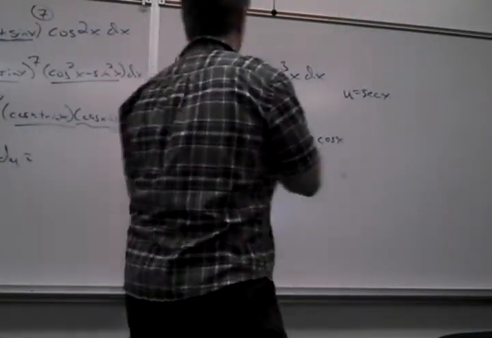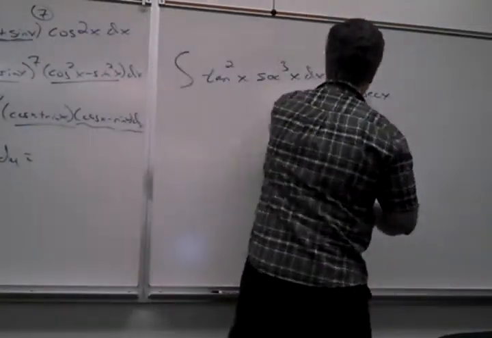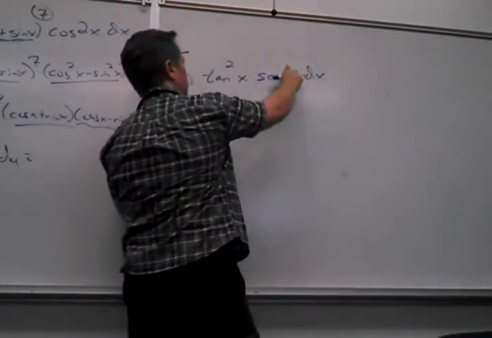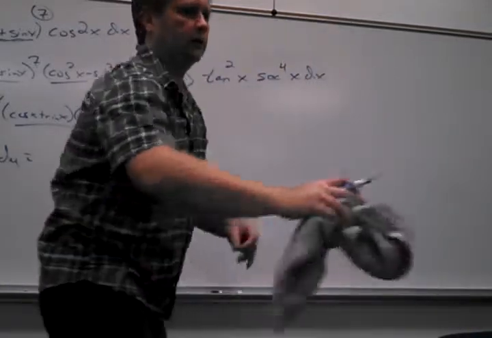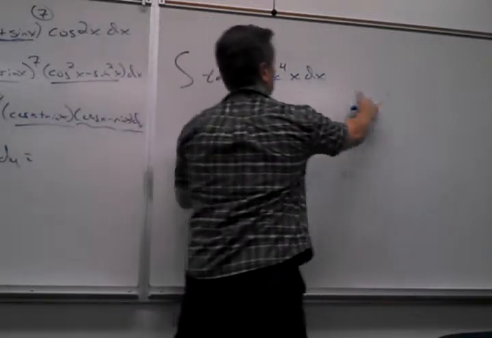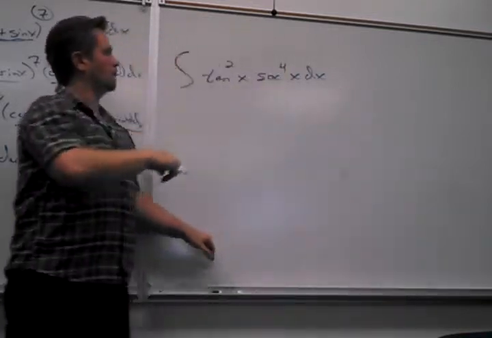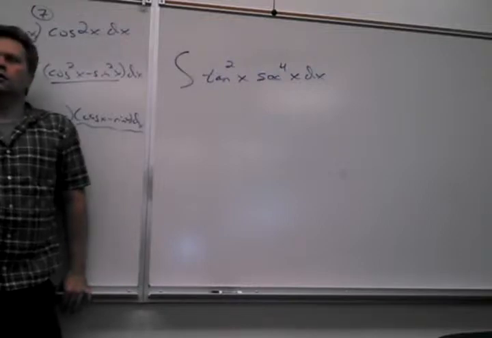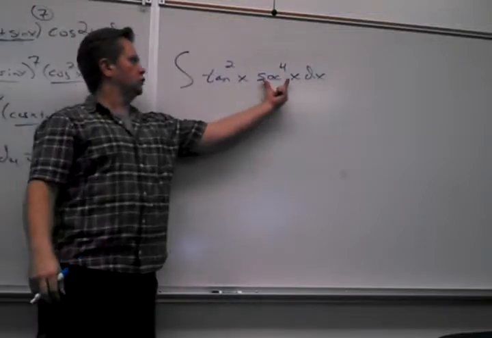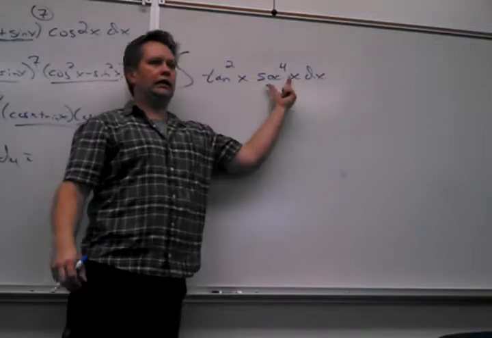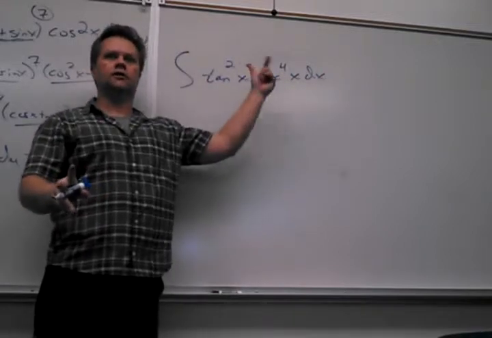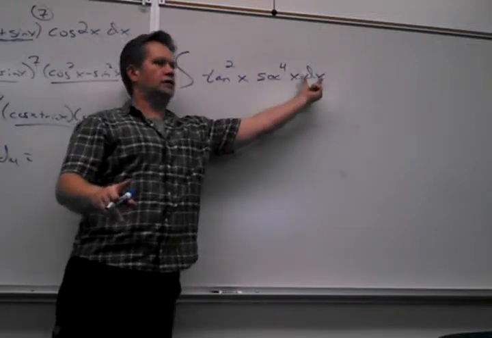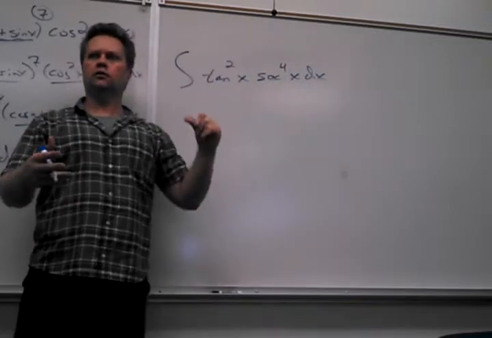So let's go back. Since I just made this up out of nowhere, I made one that's a little bit gross. If this was a fourth here, what could I do? Now there's two secants that can come off of here, and it leaves two secants. So if I take two secants off of this, that means I'm going to let u equal what?